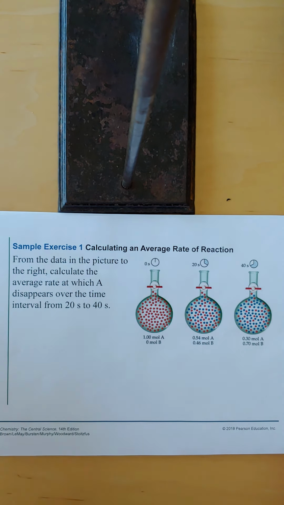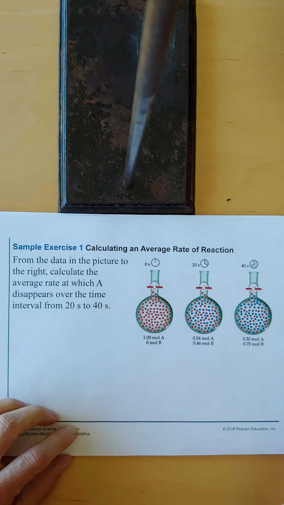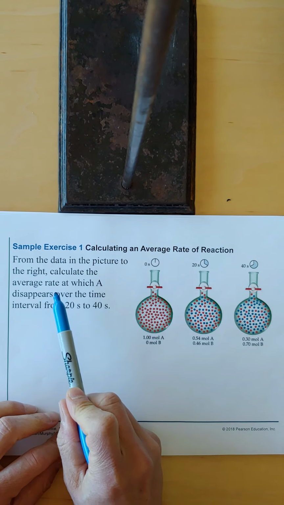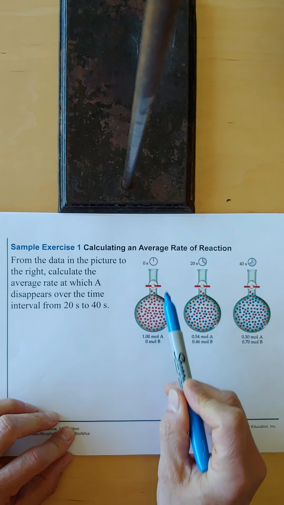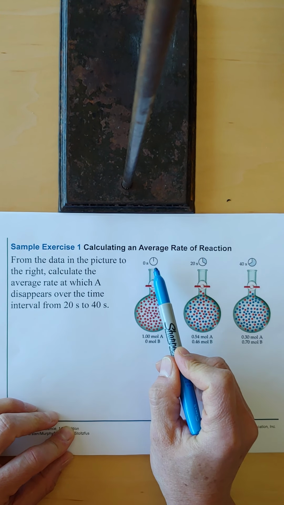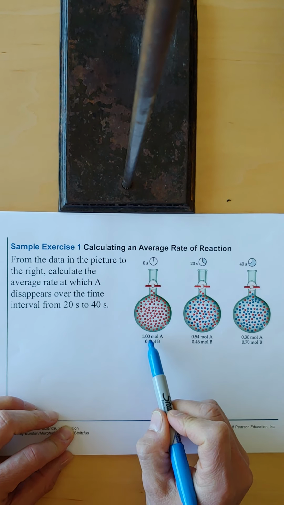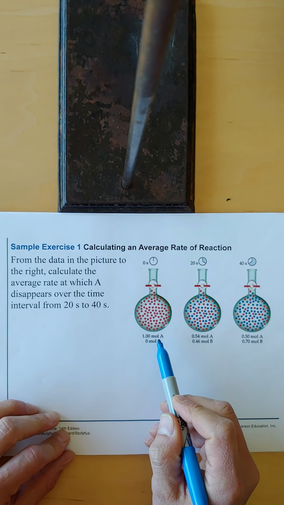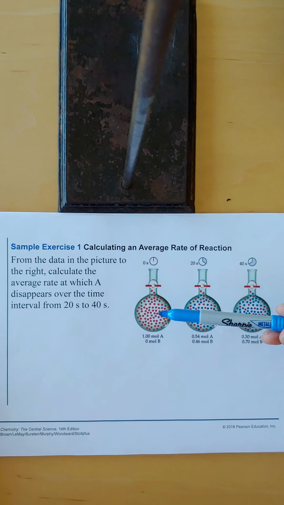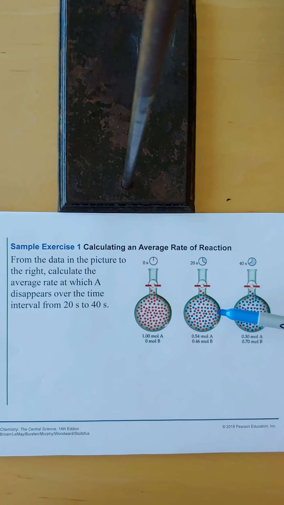We're going to start and say we have a chemical reaction here, and we're asked to find the average rate. We're given an image, and we see that at time 0, when we're starting this reaction, we have 1 mole of compound A and no moles of compound B. A are the little red spheres, compound B are the blue spheres.